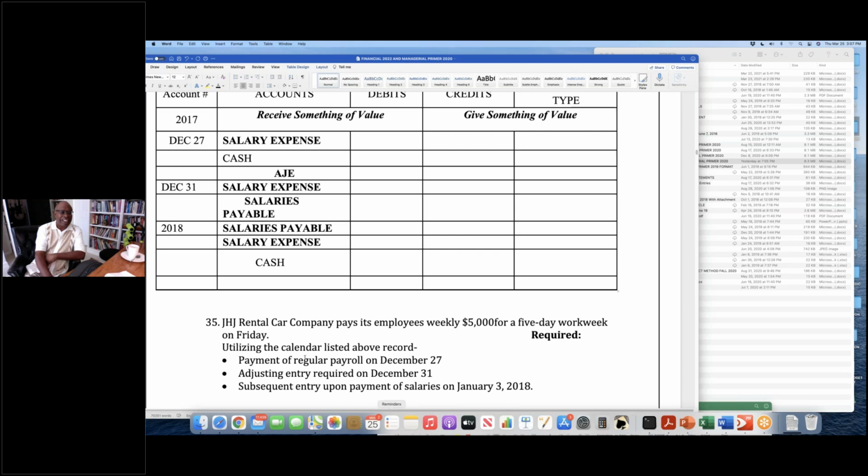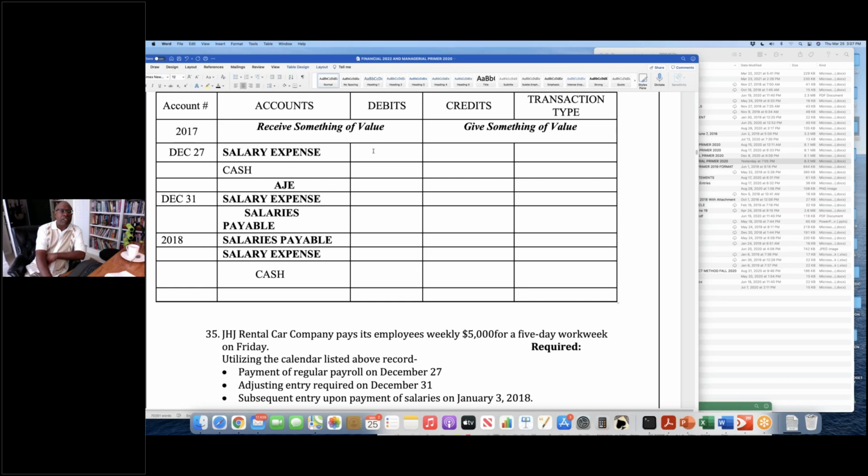So J. Ron Carter pays its employees $5,000 for a work week, a 5-day week. So on December 27th, what's going to be here? 5,000.